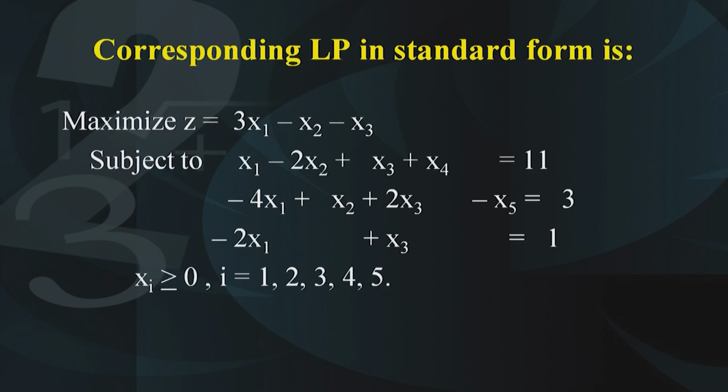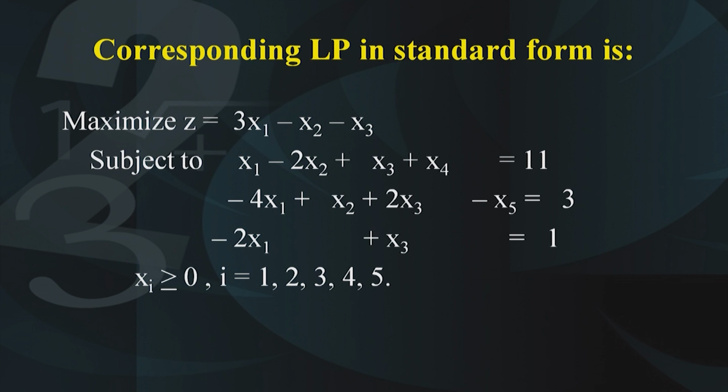In the first inequality, we add a slack variable which is called x4 in our case, and similarly in the second inequality, we subtract a positive variable which is called the surplus variable. So, x5 has to be subtracted from the equation.